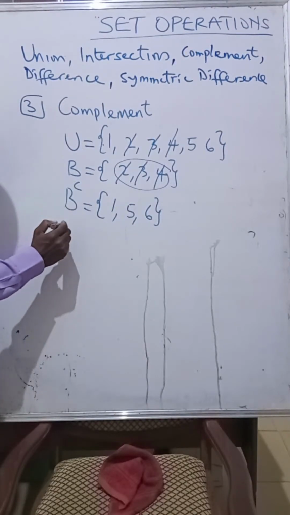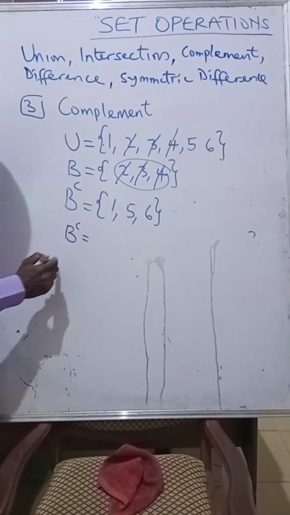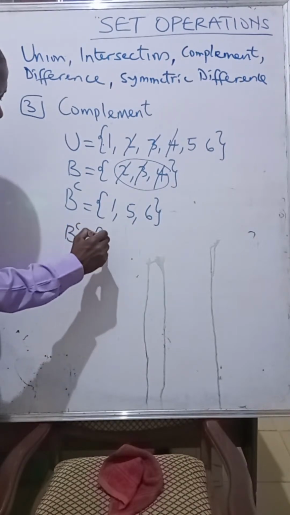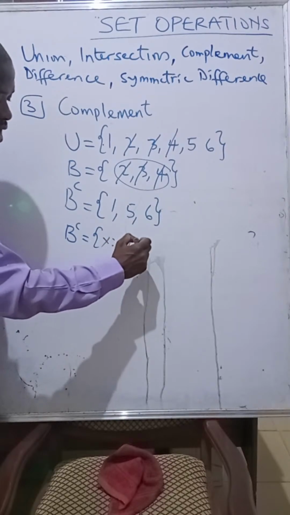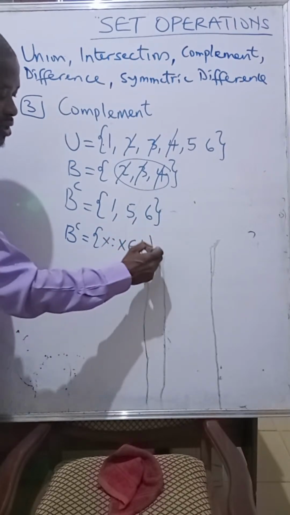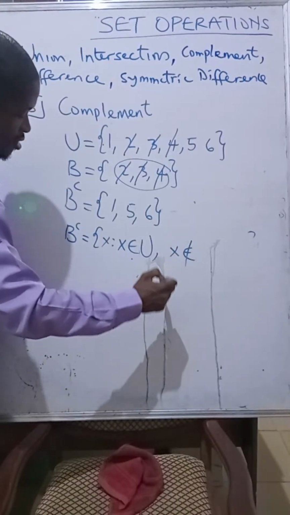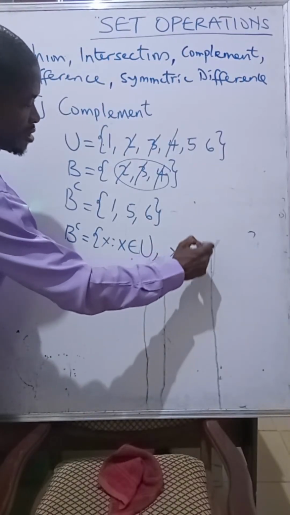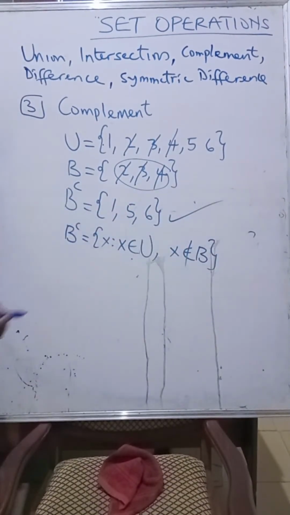So it means that B complement is x such that x belongs to the universal set, but x does not belong to B. So this is our answer in this case.